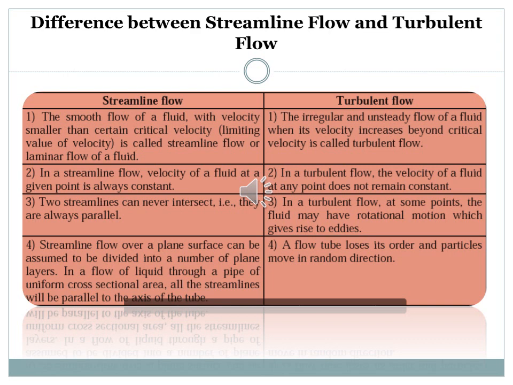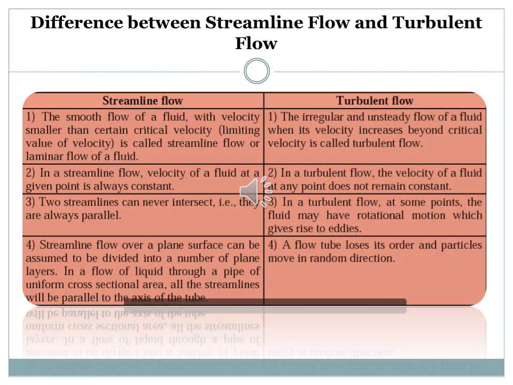Turbulent flow is the irregular and unsteady flow of fluid when its velocity increases. Alright. Next point: in streamline flow, the velocity of fluid at a given point is always constant as it is a steady flow. In case of turbulent flow, what will happen? Velocity will keep on changing, so it will not be the same.